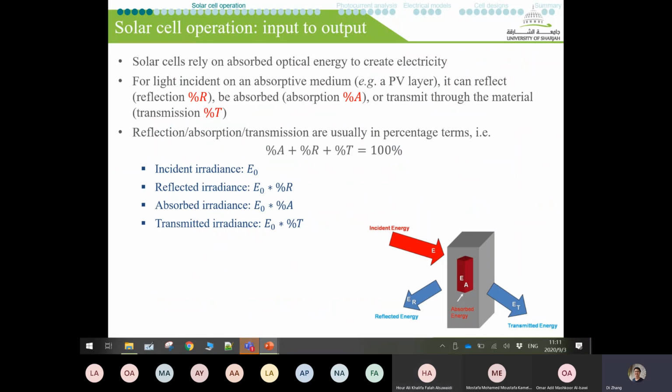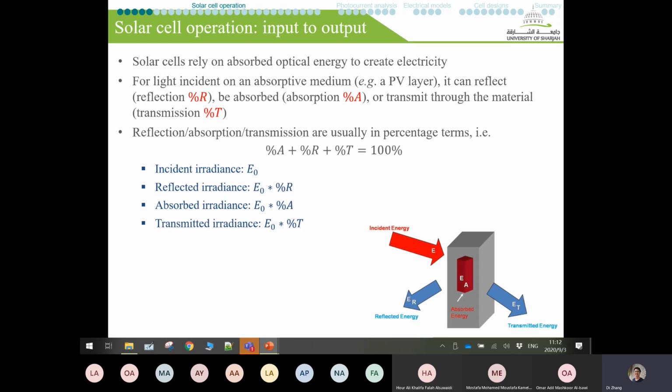As we know, in order to generate electricity, a solar cell has to absorb incoming light. Otherwise, it's impossible to generate electricity. In order to absorb incoming photons, obviously there is a certain prerequisite.